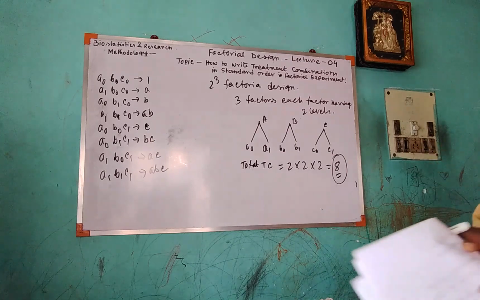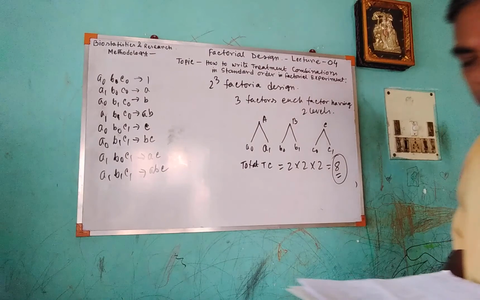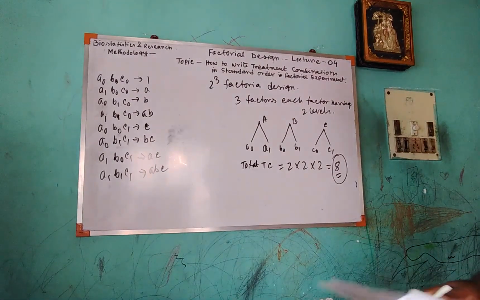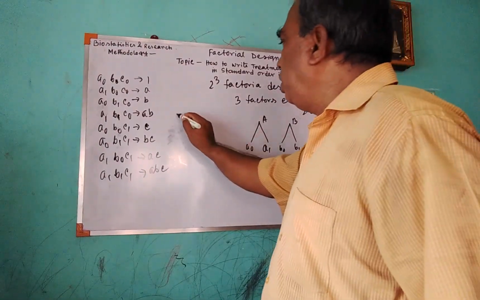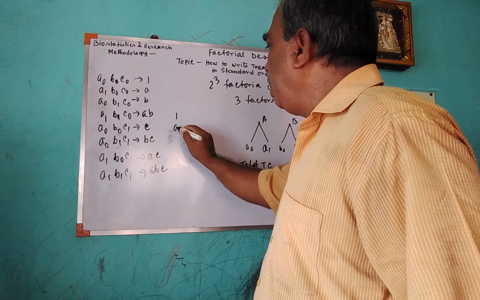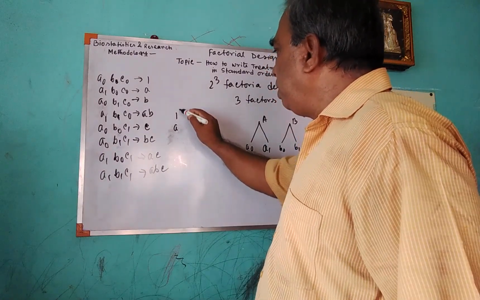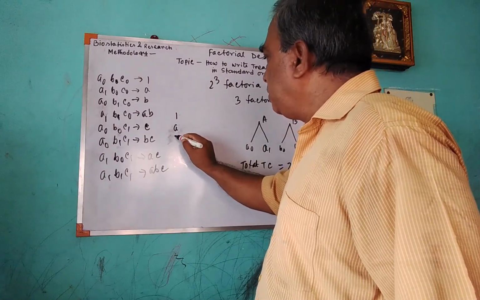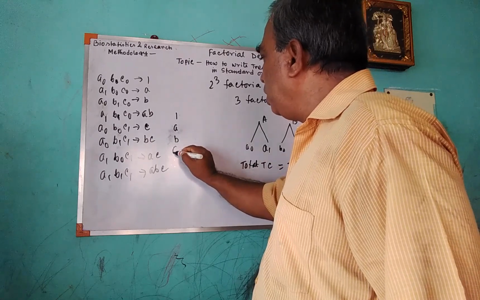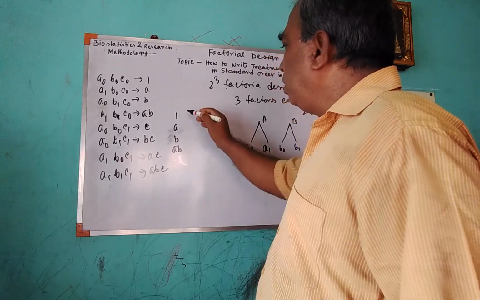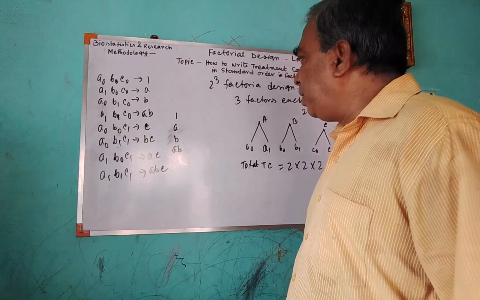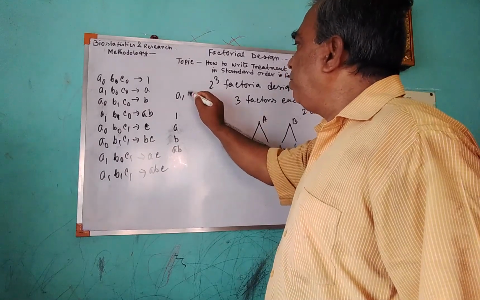If you write 8 treatment combinations, that is ABC factors. So write first 1, then A, then multiply this 2 by B, that is B, then AB. Then factor C will come.